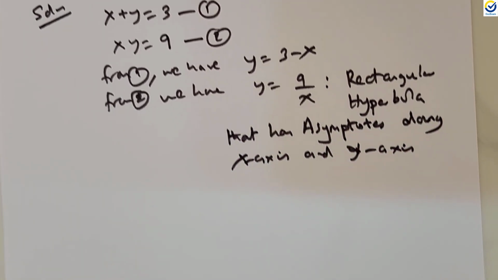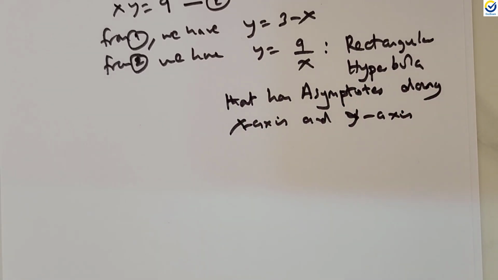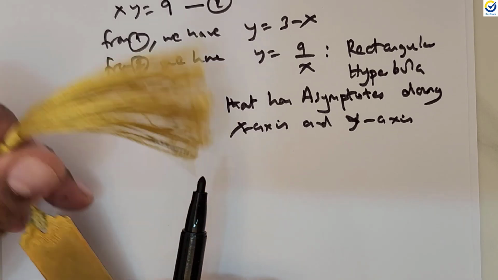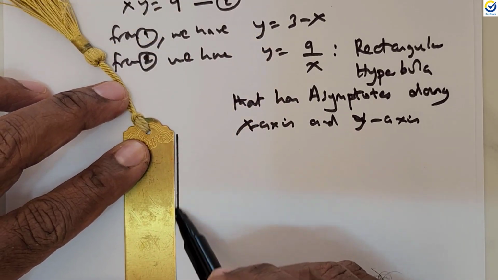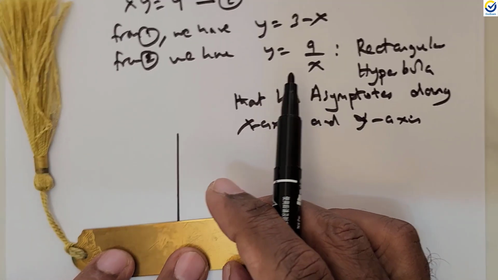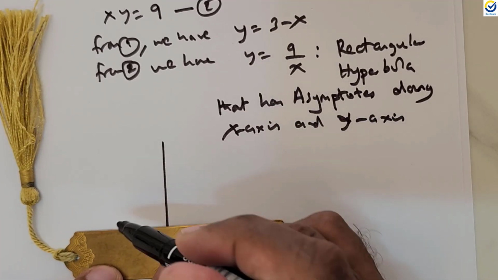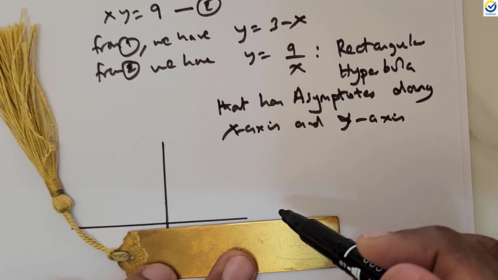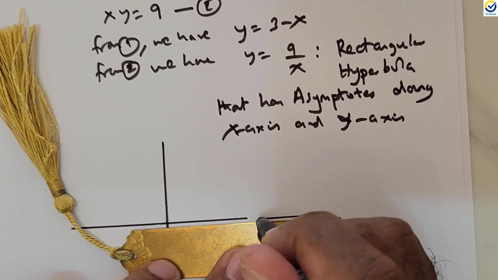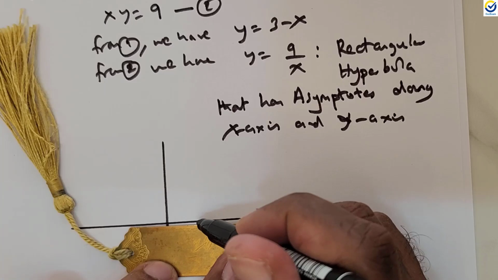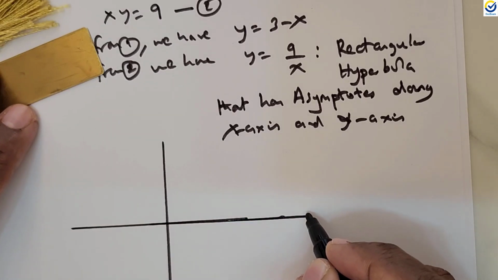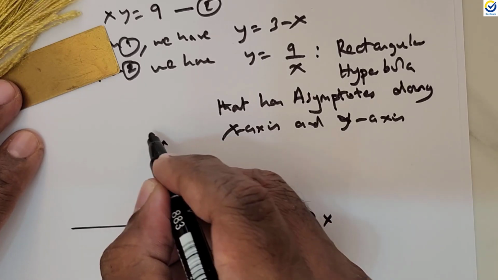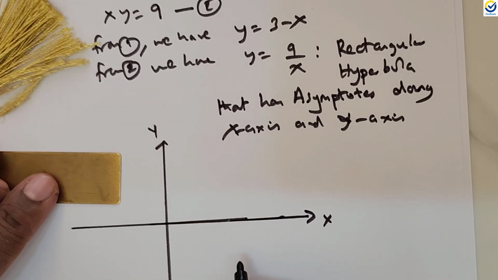Now how will this rectangular hyperbola look? Let me just show you that. So this is my x-axis, this is my y-axis.